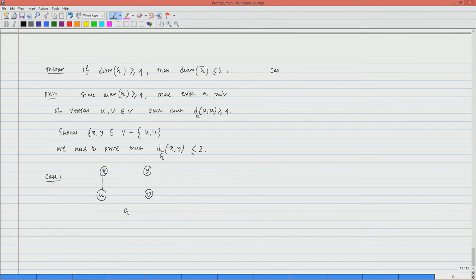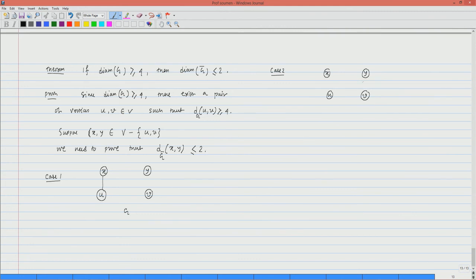Case 2, again how x and y are related with u and v in terms of the adjacency relation. The other case is that of course, y adjacent to v, only v, that is the same as case 1.